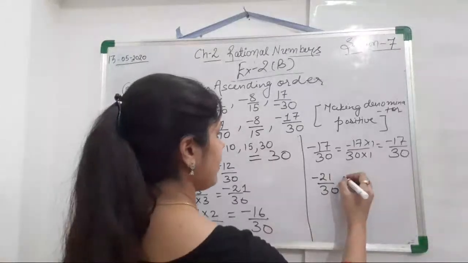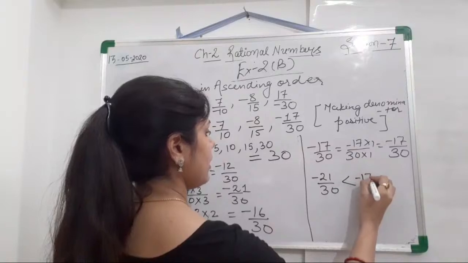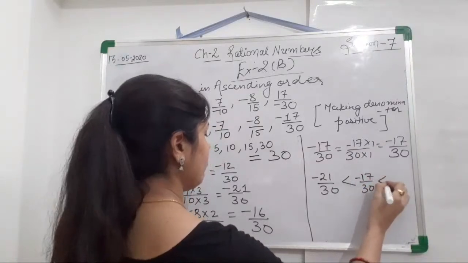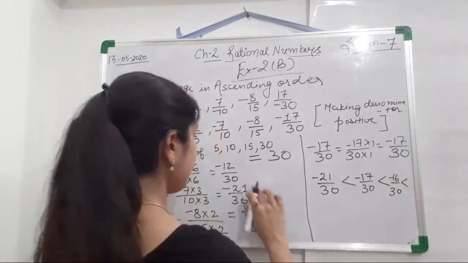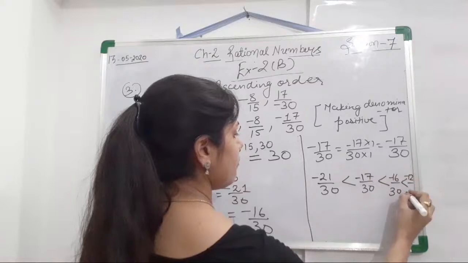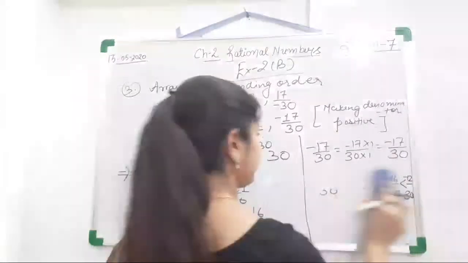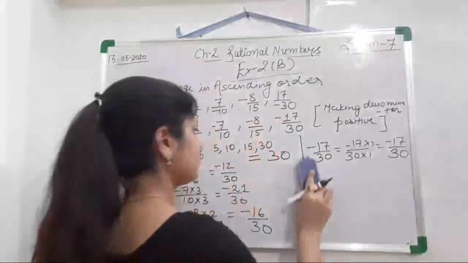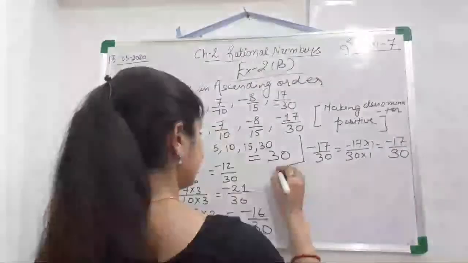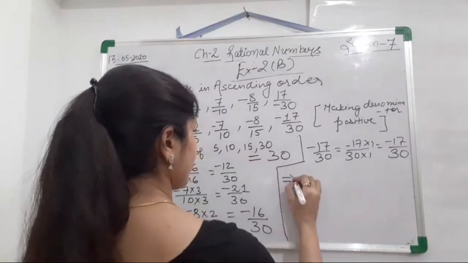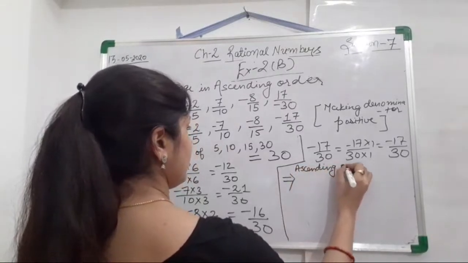Then will come minus 17 upon 30. Then what will come? Minus 16 upon 30. Then what will come? Minus 12 upon 30. Once again I am writing in ascending order.